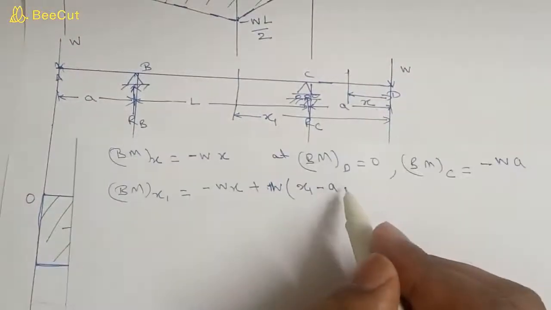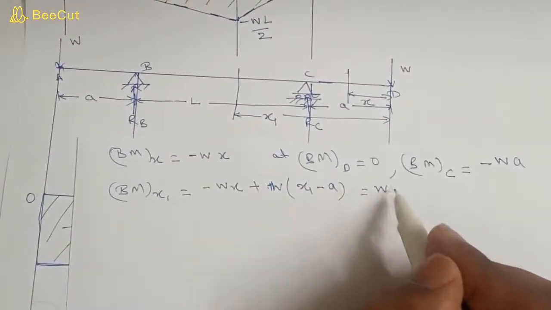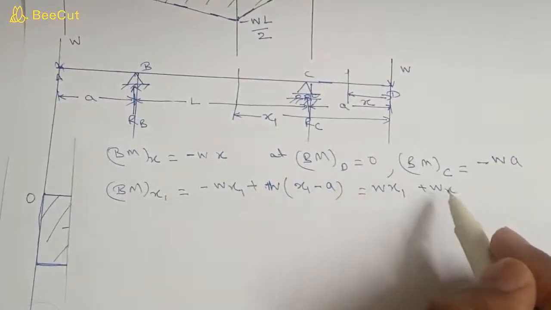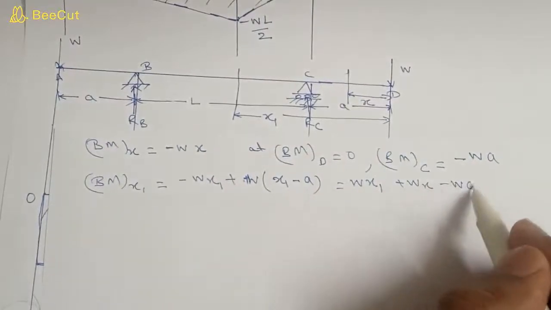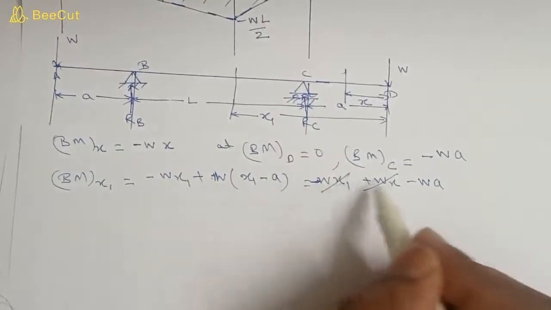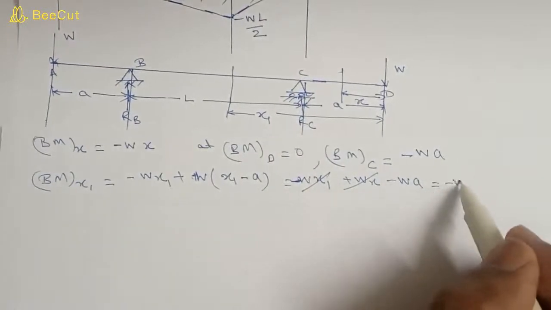So it will become minus Wx1 plus Wx1 minus Wa. So this will become 0, and bending moment will become minus Wa.